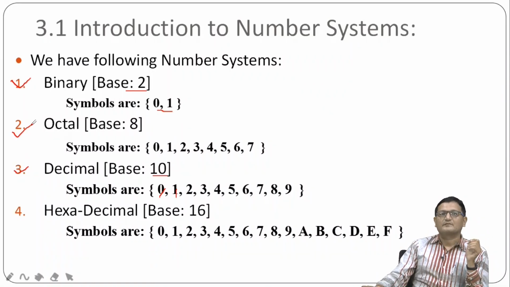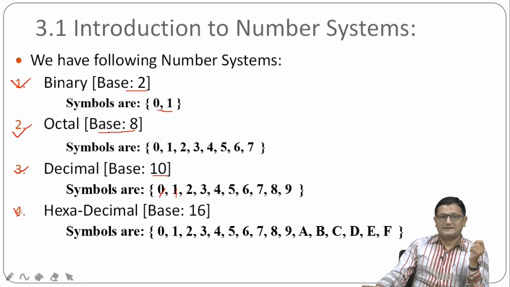One is the octal number system. In the octal number system, there are only 8 symbols allowed, and those symbols are 0, 1, 2, 3, 4, 5, 6 and 7. Total 8 symbols, and that is why the base of this octal number system is 8, right?